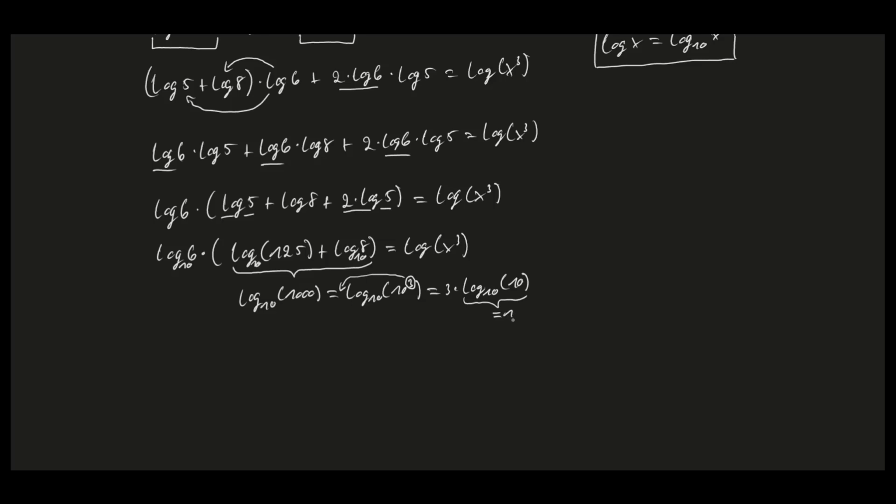This gives us 1 because 10 raised to the power of 1 gives us this argument here. So the result of this will be 3. And in the next step, we get log to the base of 10 of 6 times 3 is equal to the logarithm to the base of 10 of x raised to the power of 3.